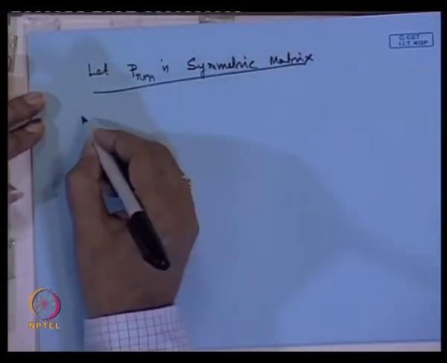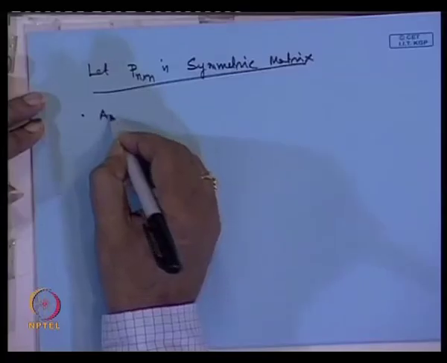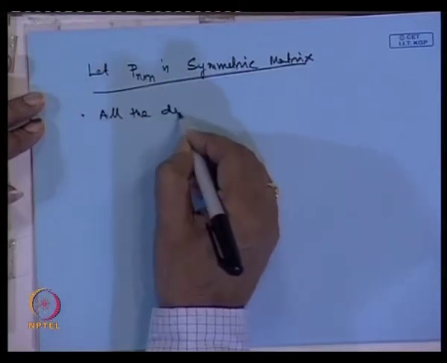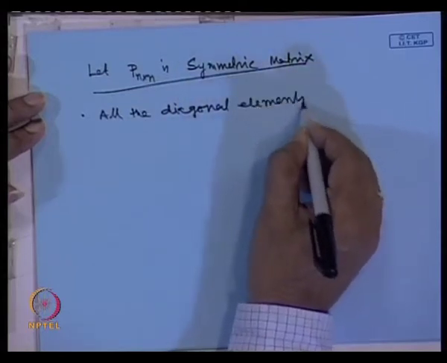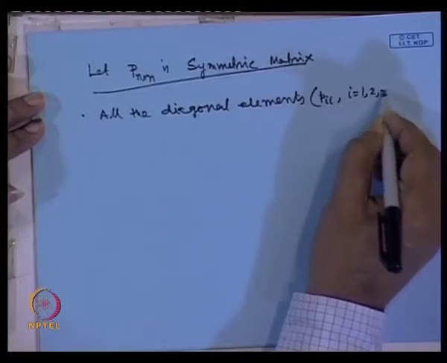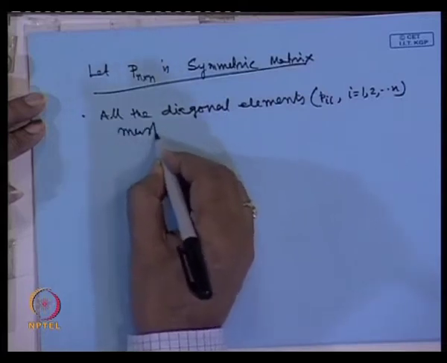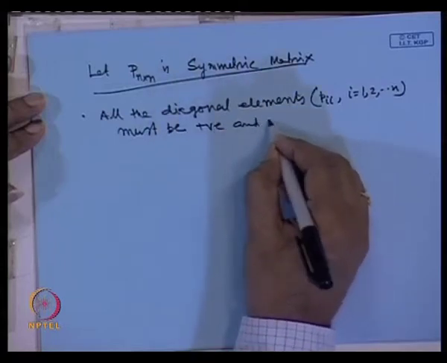Then the Sylvester theorem tells us that P is positive definite, provided the first check is that all the diagonal elements of P, that means P i i for i equal to 1, 2, up to n, must be positive and non-zero.